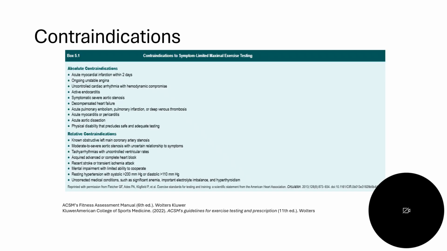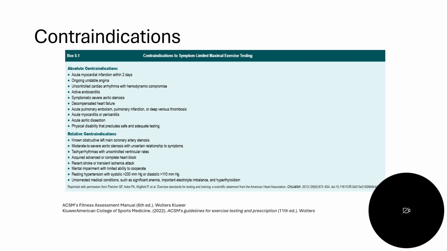Before anyone starts an exercise test, you must thoroughly screen them for any red or yellow flags. Always check the specific contraindications as outlined in box 5.1. And remember, in a gym or fitness setting, treat any unexplained symptom as a potential risk factor and play it safe.